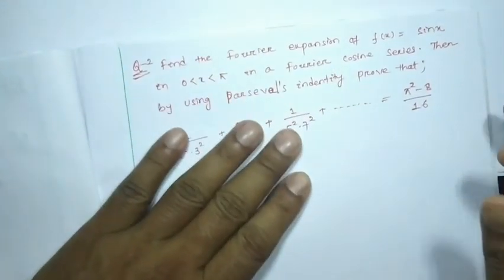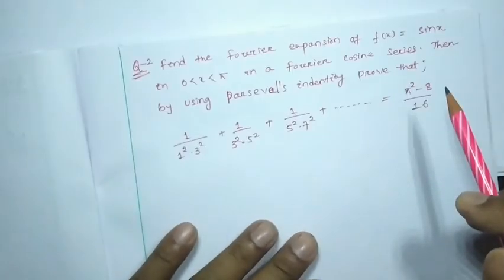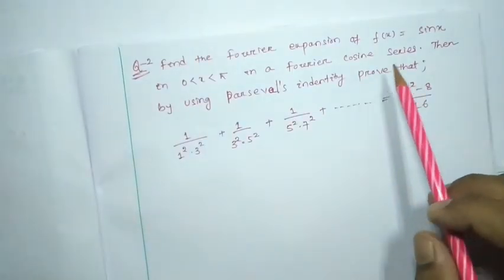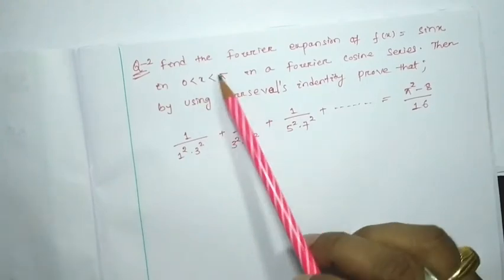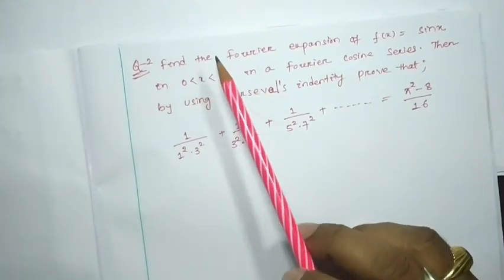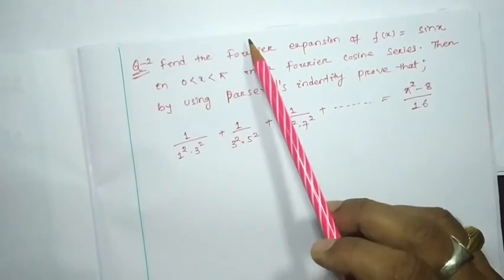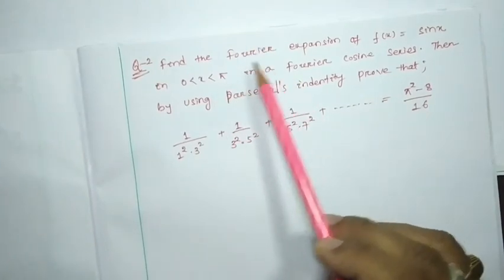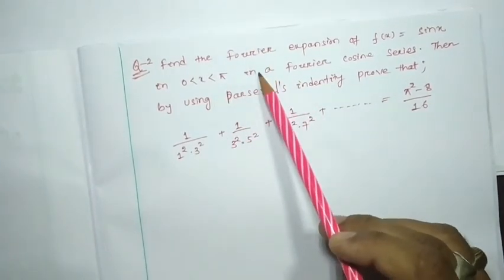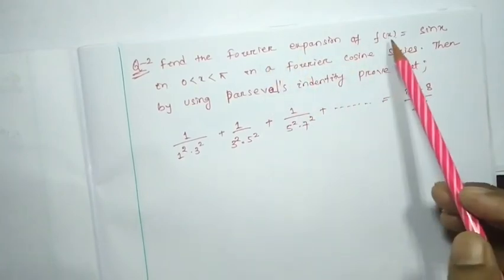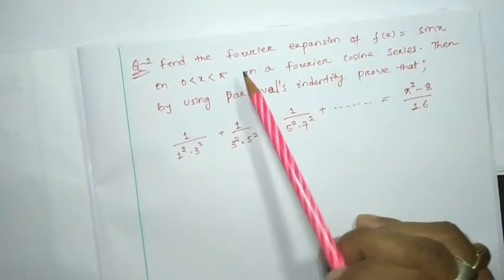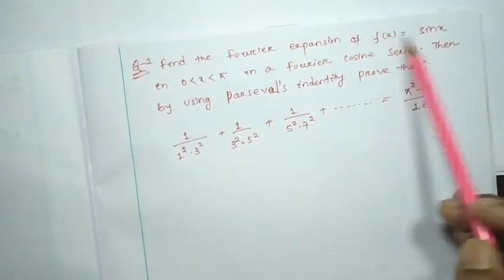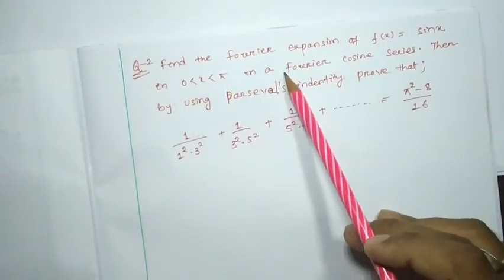This is the question: find the Fourier expansion of f(x) equal to sin x in between 0 to pi. See, this is the half range series, that means you have to transform to one series. Here in the question it is given in which series you have to find it. Find out the Fourier expansion of this one in between 0 to pi in a Fourier cosine series.